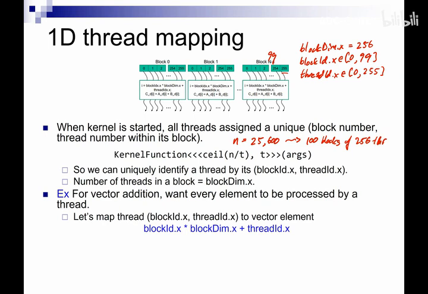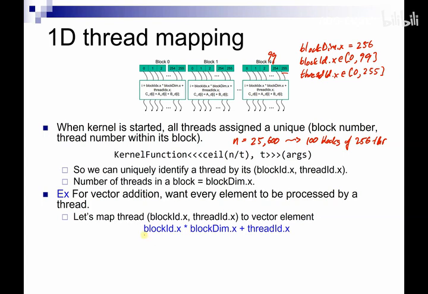That ensures that we have the same number of threads as we have elements, so we can have one thread process each element. Now we need to make sure that every thread processes a different element, because if we want to process all the elements, we better not have two threads process the same element.